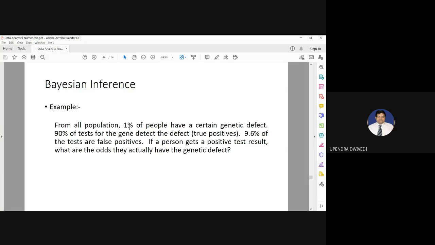A person who has no defect can still get a positive report, because sometimes the test is not so accurate.